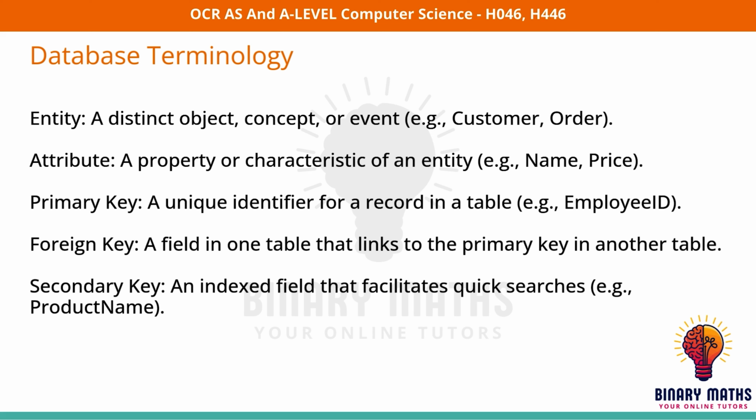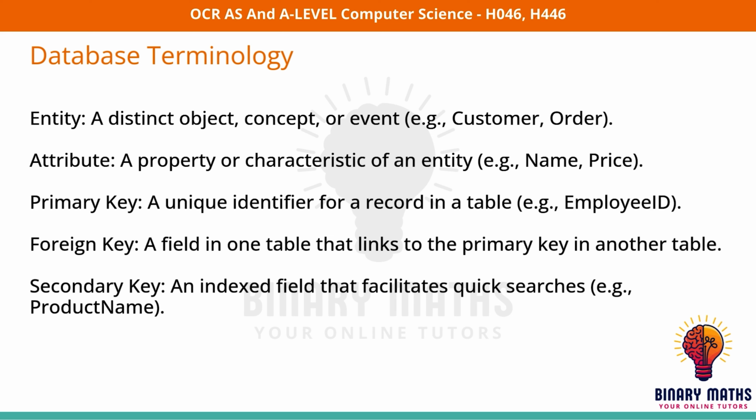A foreign key is a field in one table that links to the primary key in another table. For example, if we have a courses table, it might have a teacher ID field that links to the teachers table. This creates a relationship between the two tables.